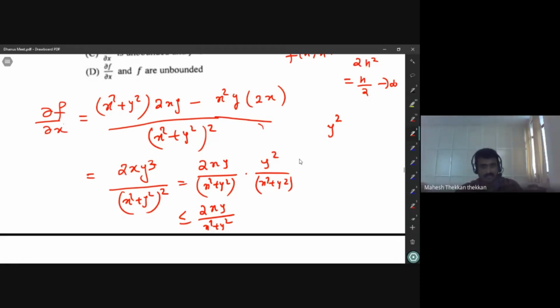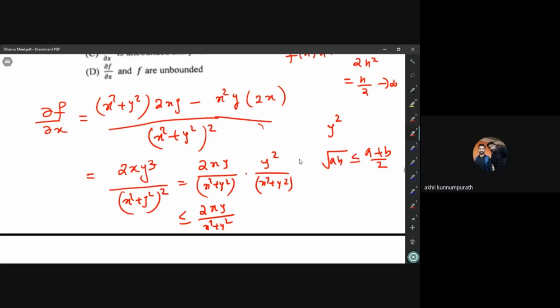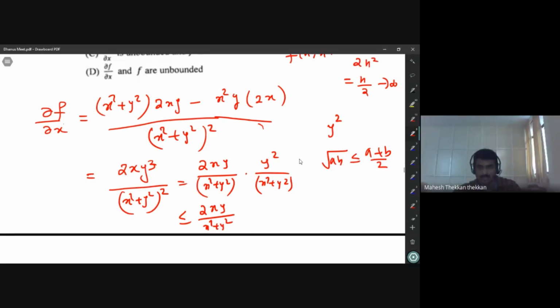Now you use the AMGM inequality. What is the AMGM inequality? Square root of AB is less than or equal to A plus B by 2. So you take A as x square, B as y square. So what happens? The square root of x square y square, that is xy, is less than or equal to x square plus y square by 2.